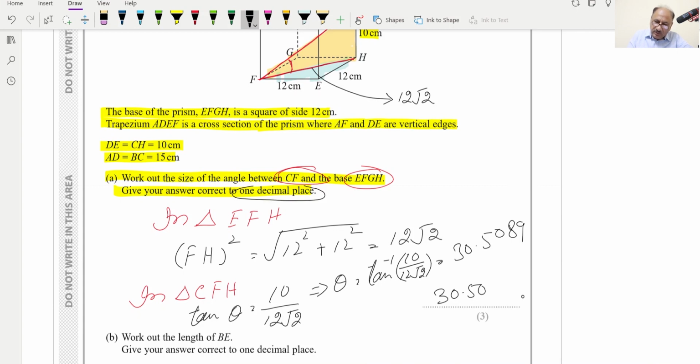See this one at the answer, they're saying one decimal place, so no need of this 0. We will write only 30.5 degrees.